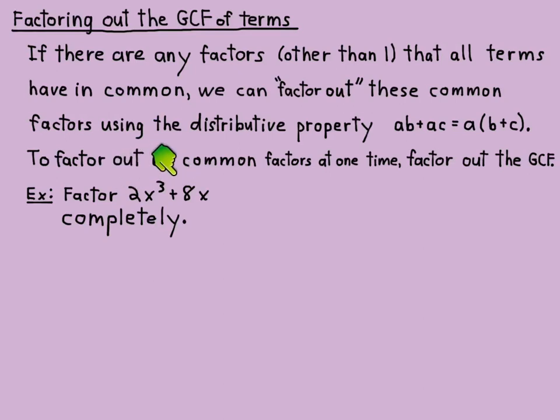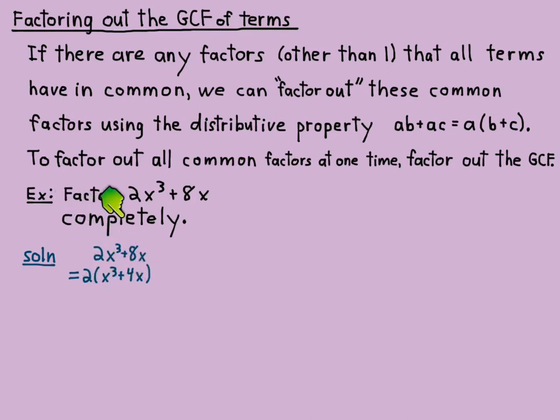They both have a factor of 2, and they both have a factor of x. So the greatest common factor is 2x. I'm going to factor out the greatest common factor, which in this case is the same as saying I'm going to factor out the 2 and the x. It's that simple. So you write down the 2x. Well, I just decided to do it 1 at a time. They have a common factor of 2, so I just factored out the 2.